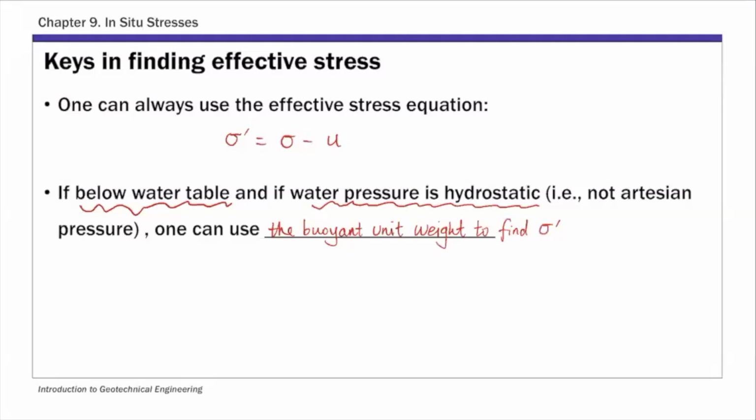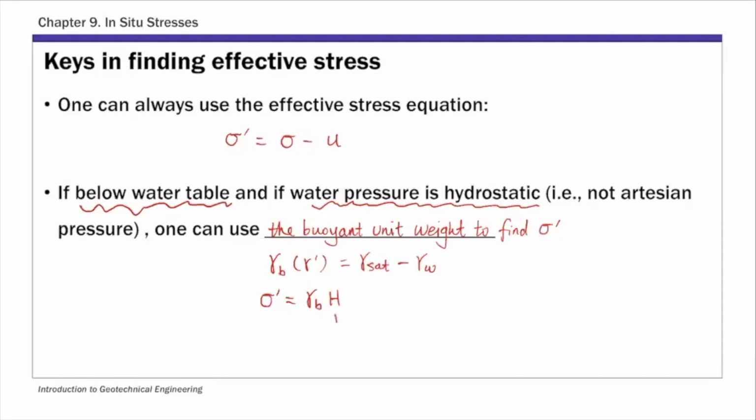This buoyant unit weight, gamma B or gamma prime, equals gamma saturated minus gamma water. So you can use this to find the effective stress.